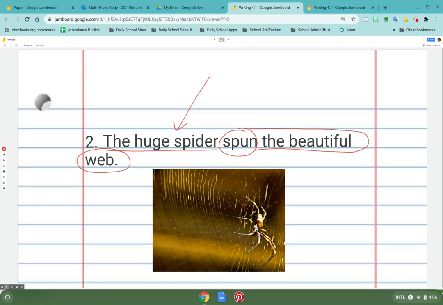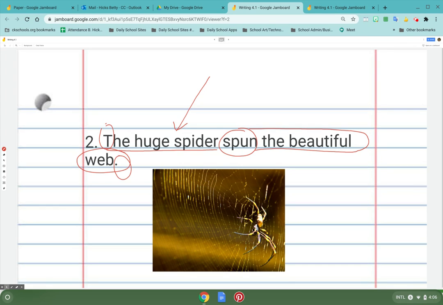The predicate, starting with a verb, is spun the beautiful web. Now the next thing I do, remember, is I check for my capital letter, I check for my stopping point, and I could have written this sentence, the spider spun the web.